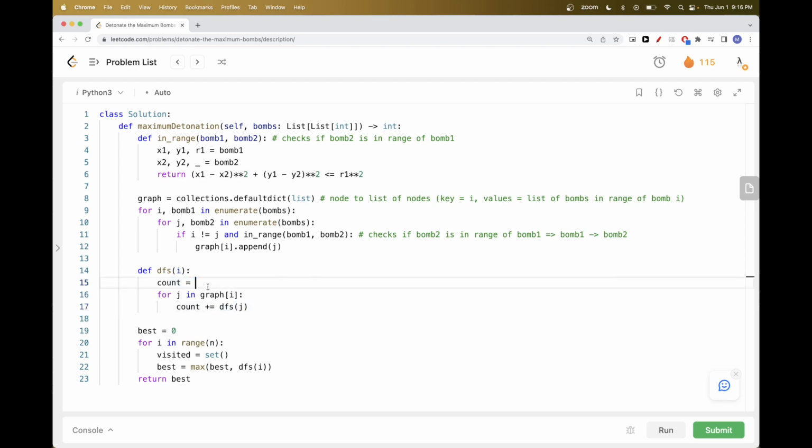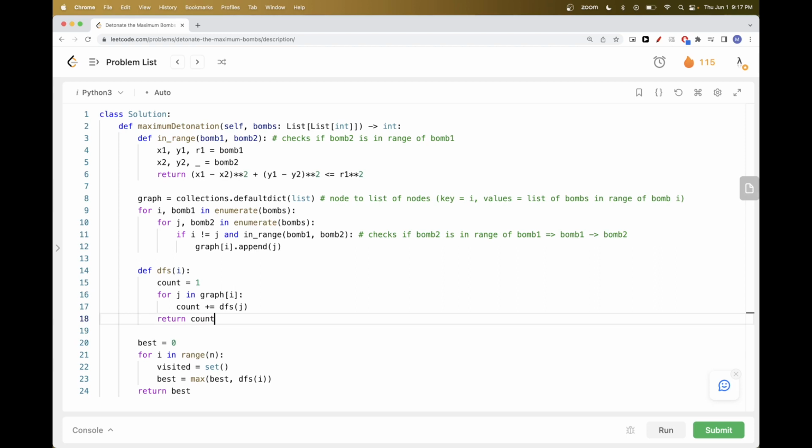But here we shouldn't initialize with 0 because we want to count this node I, okay? And so we initialize with 1 to be able to count it. And then for this J, we are not adding 1 plus here because we will end up adding that J on the next call to DFS of J with this count. And so since that is what will be returned, we don't need to add it here. And so at the end, we want to return this count, okay?